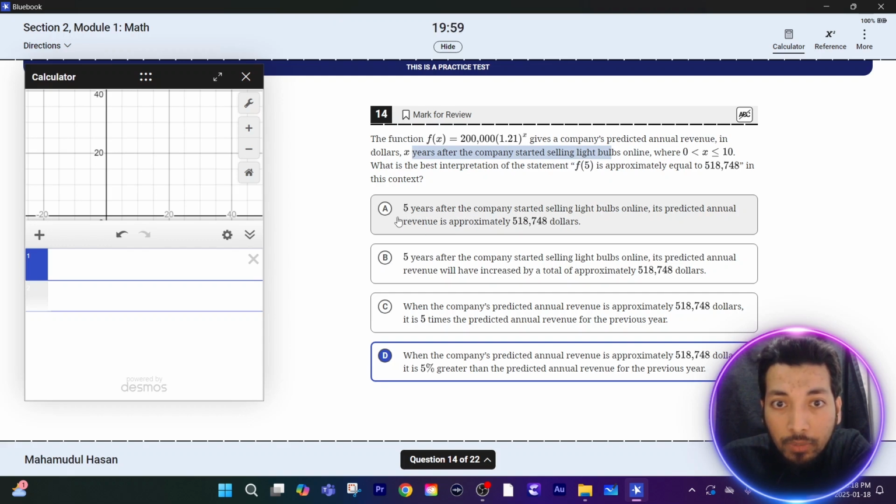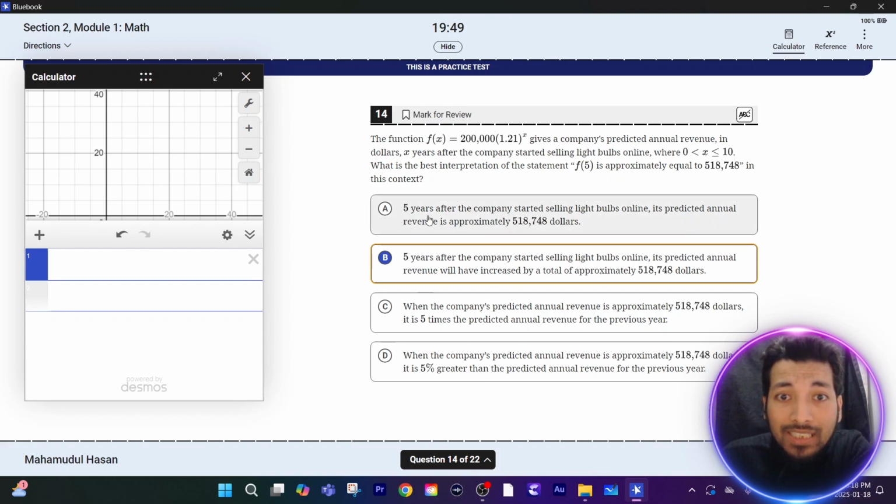So we need to check which one is referring to this option. So 5 years, options A and B are the possible ones. So we need to check which one is actually the most accurate one. Option A says 5 years after the company started selling light bulbs online, which is x years after the company started selling light bulbs online, is matching. The company's predicted annual revenue is the f of x function.